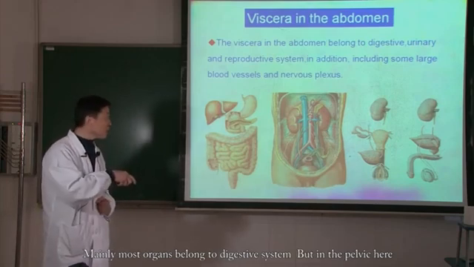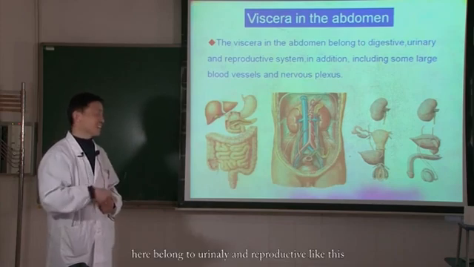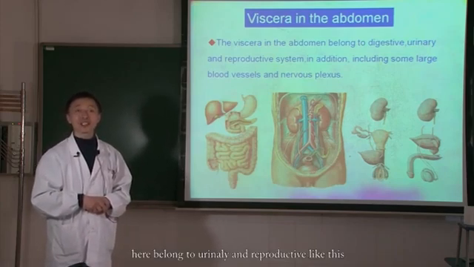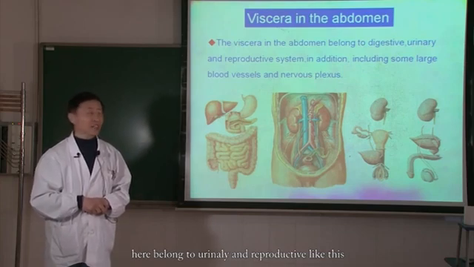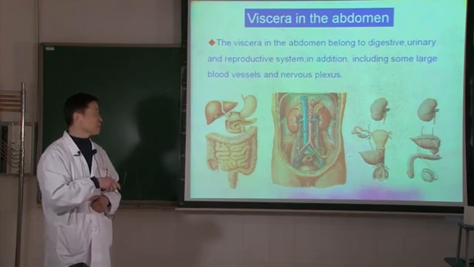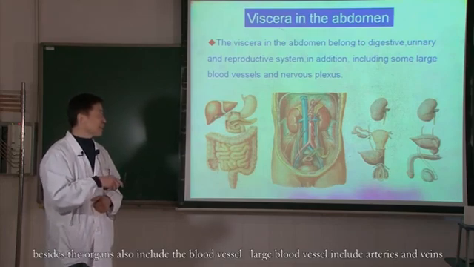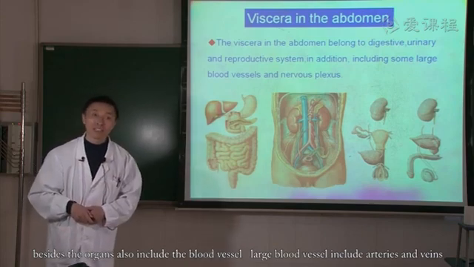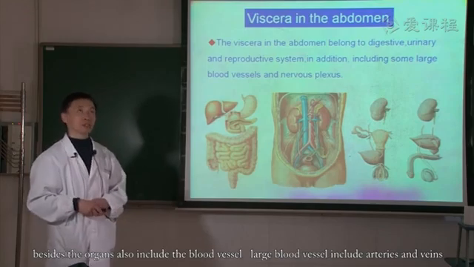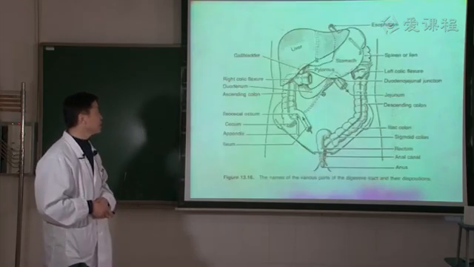The pelvis here belongs to the urinary and reproductive systems. Besides this, it also includes the blood vessels, the larger blood vessels, including arteries and veins.